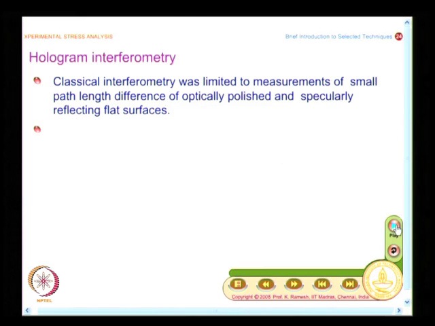In fact, when holography was developed in 1948, Gabor had only a mercury arc lamp. So, the technology was not sufficient to exploit the full potential of holography at that time. It is only after lasers were invented and became available for common use that the interferometric techniques had a boost.